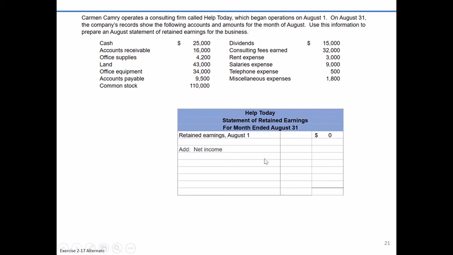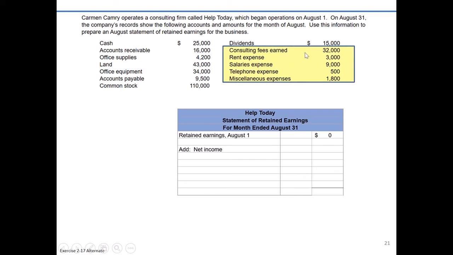The next thing we need to factor in is how much earnings we've added for this particular period, or maybe even taken away if we had a net loss. The good news is we've already summarized that on our income statement. So we just take that bottom line net income or net loss number from our income statement and carry it forward.